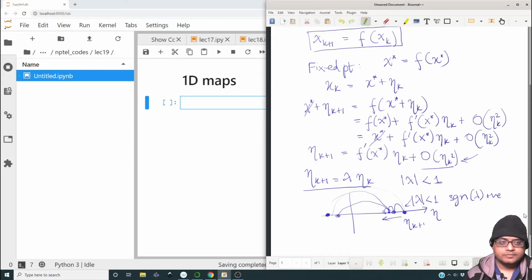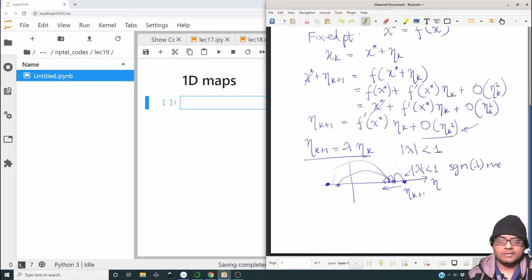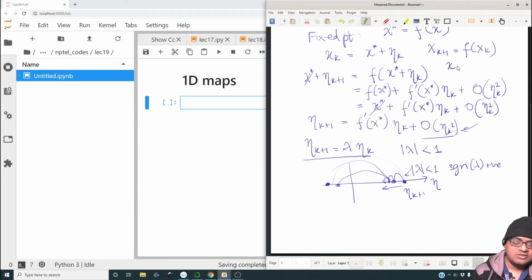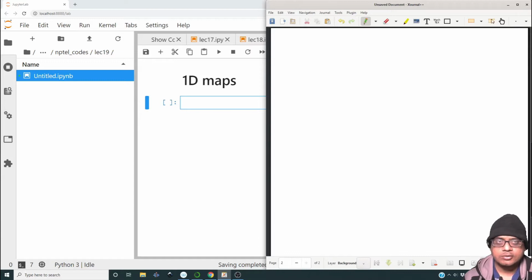Okay, so now graphically, how does that particular map, that is x k plus 1 is equal to f of xk, look? Or in fact, what is the solution graphically of this? And we have actually had a look into this.